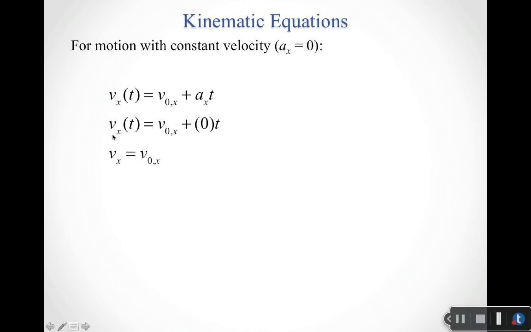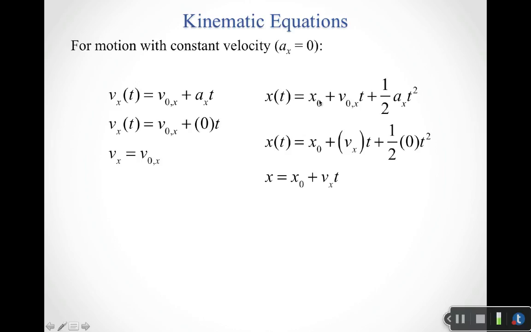My velocity function then simplifies to tell me that the velocity at any point in time is simply the same as the initial velocity.